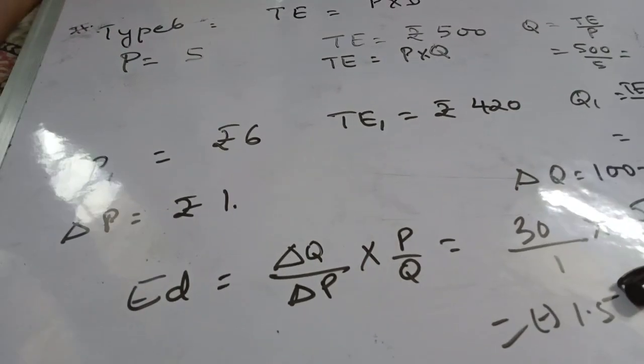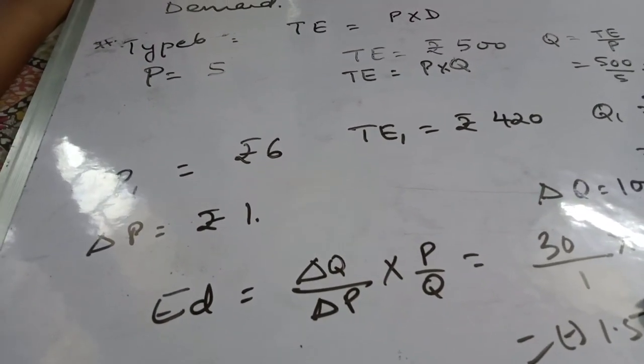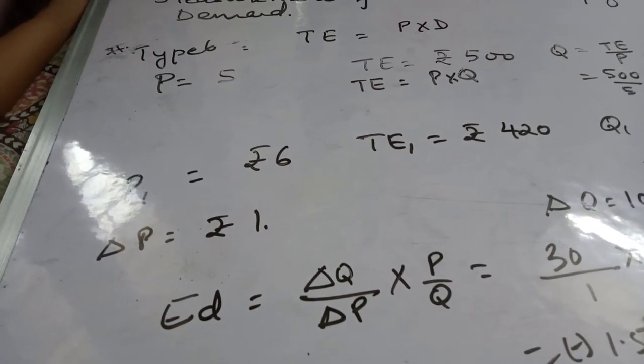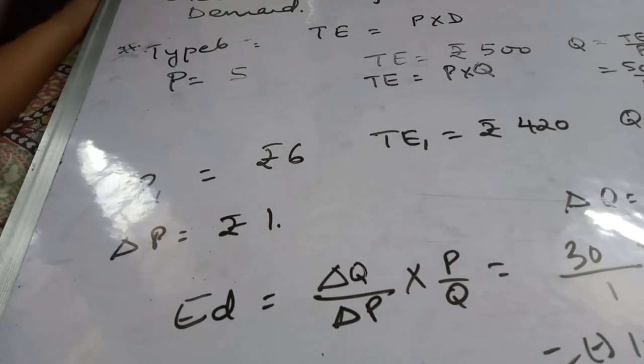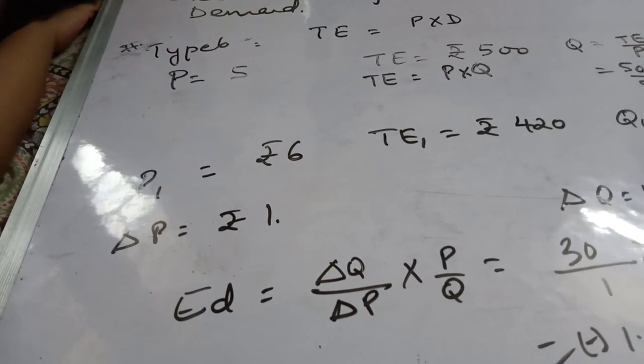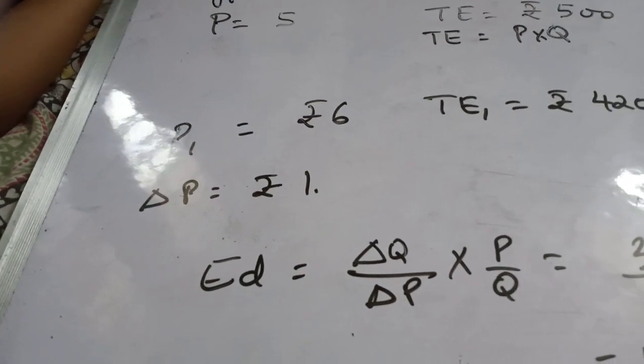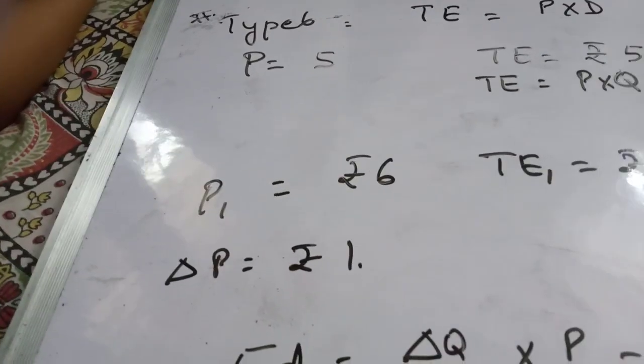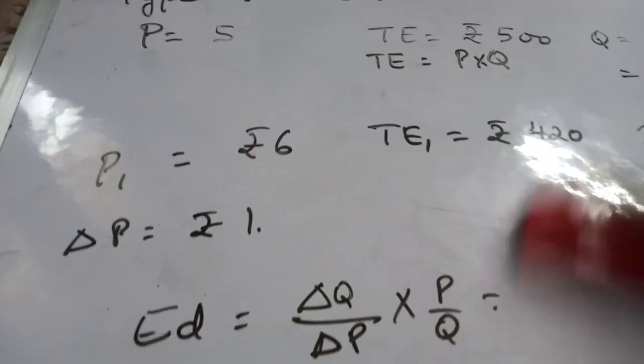From the following data, calculate price elasticity of demand, and draw the demand curve also. I'll make the schedule. Please write that. You have to make the demand curve also.